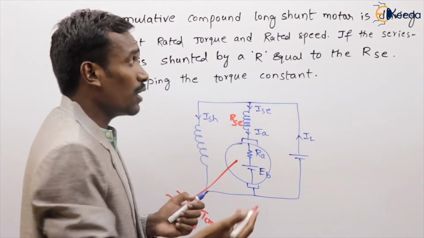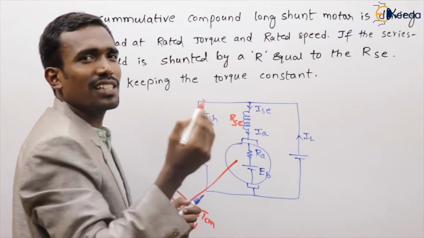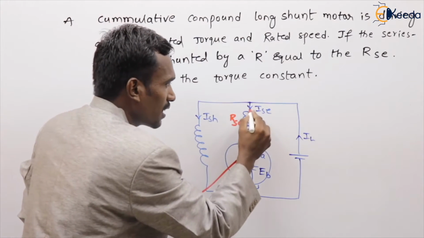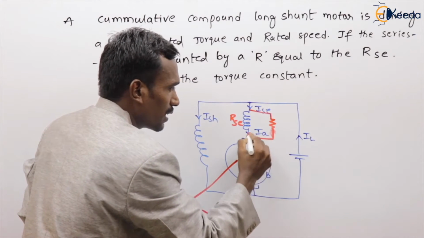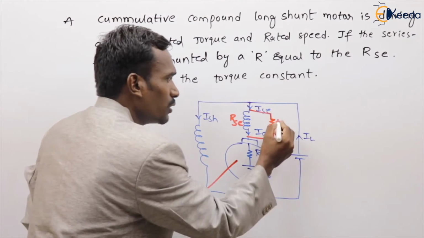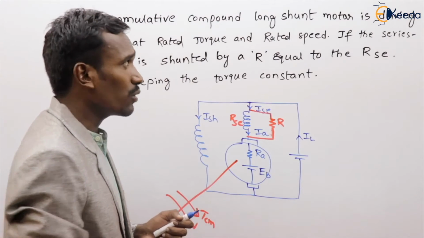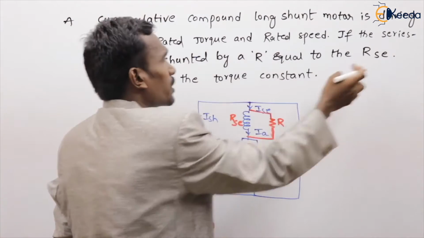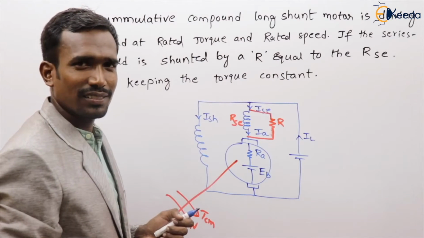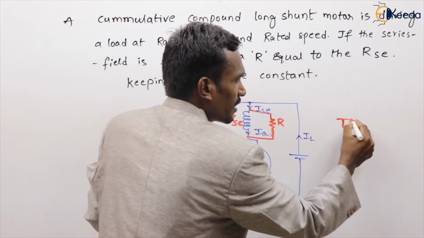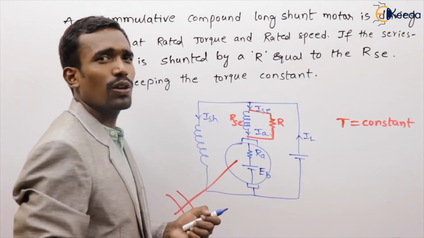But now they say the series field is shunted by a resistance R, and its value is equal to RSE, keeping the torque constant. They gave that the torque is constant. Now tell me what happens to the armature current.